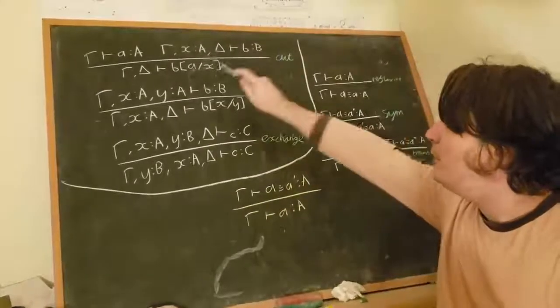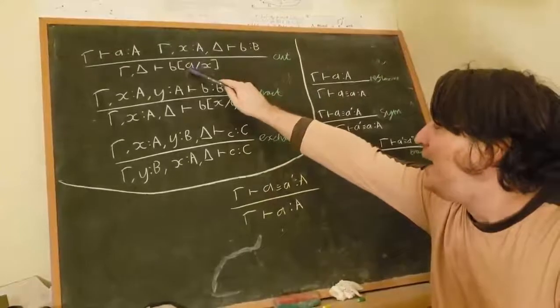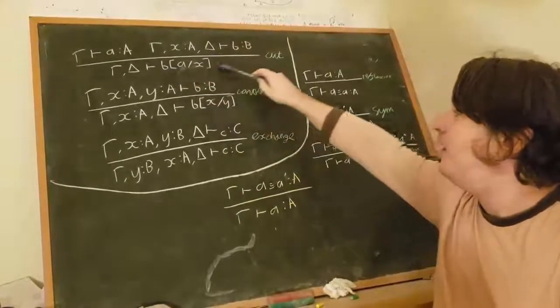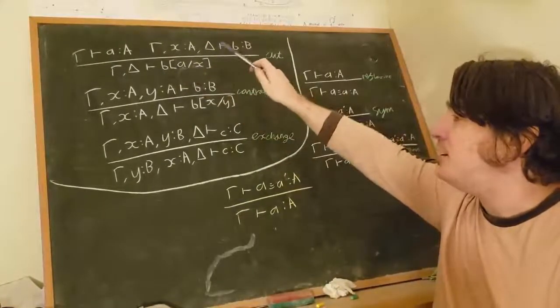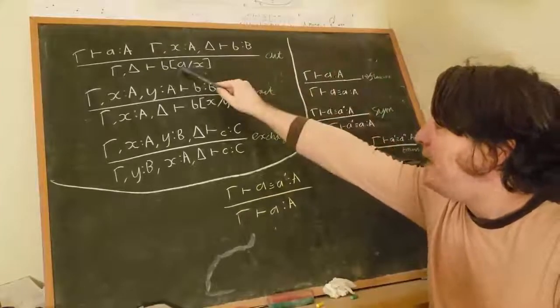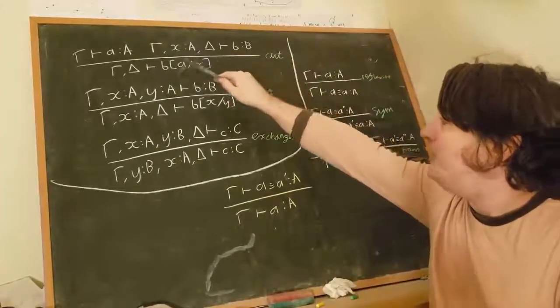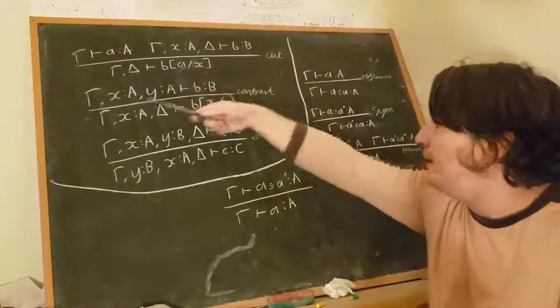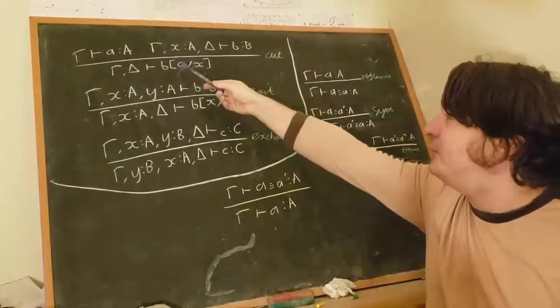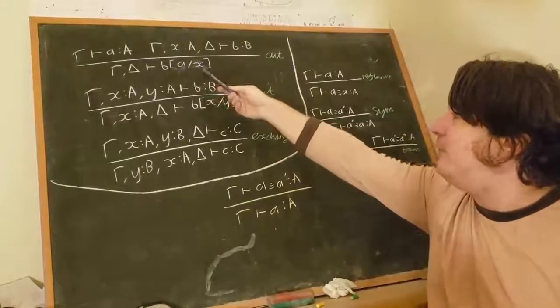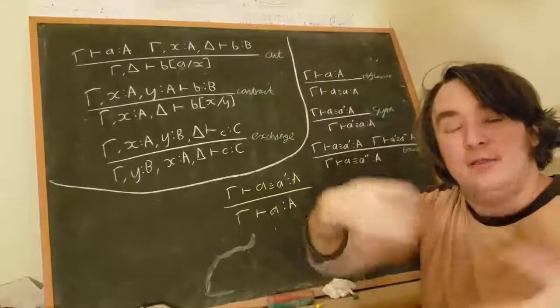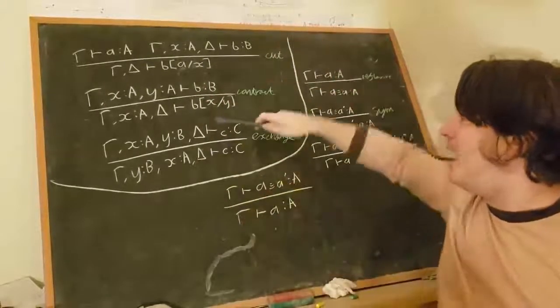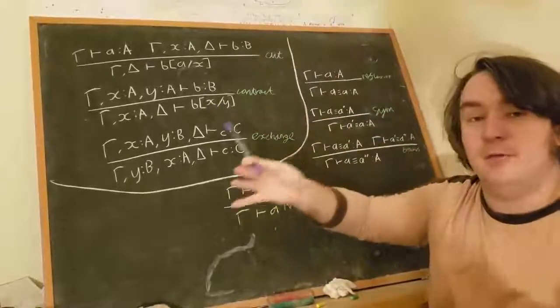So if no free variables of A become bound in this term after we do the substitution, then we say that A is free for X in B. And we can only do this kind of thing if that is the case. That condition holds whenever we have these rules involving substitution.